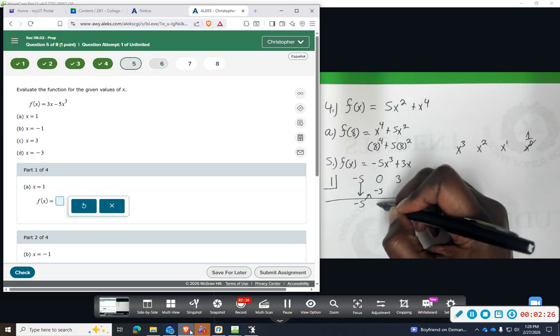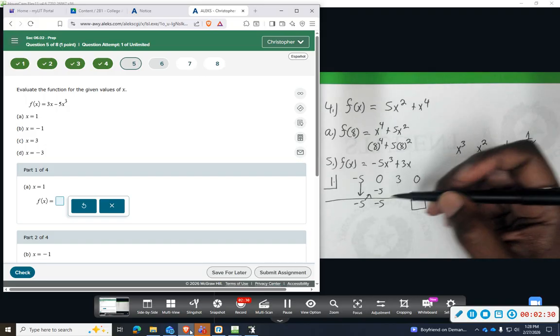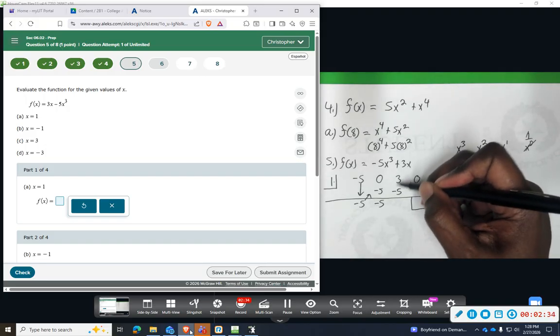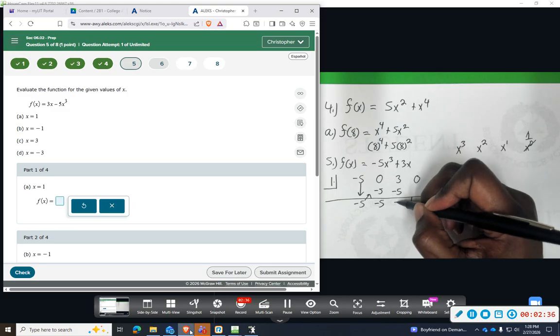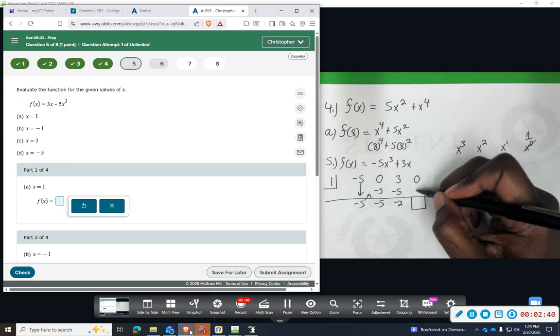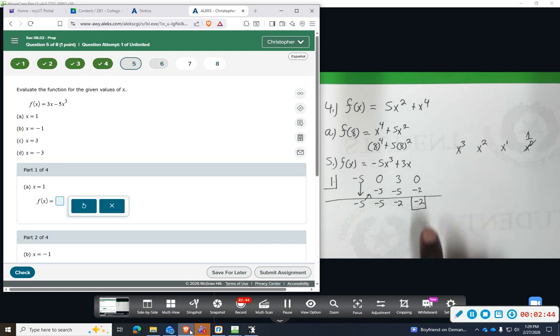Add these two together, we still get a negative 5. And then 1 times negative 5 is still negative 5. Add, which you'll subtract because they're different signs, we'll get a negative 2. And then 1 times negative 2 is negative 2. And we still get negative 2. So my answer for when we plug in 1 is negative 2.